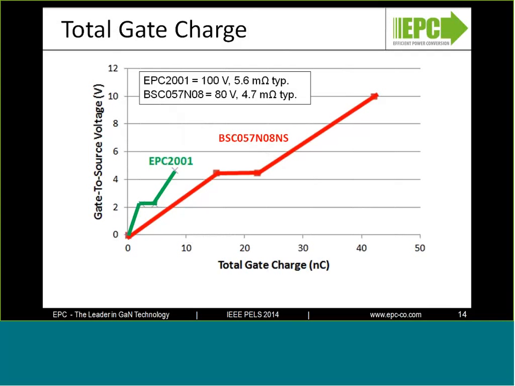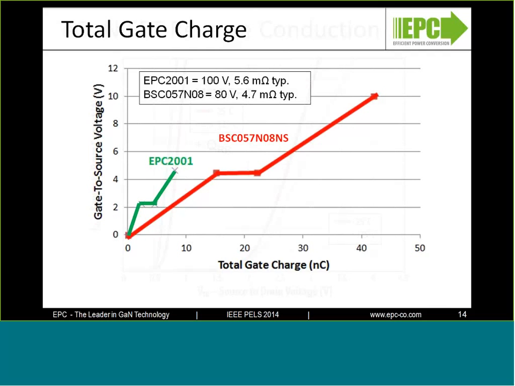You can see a comparison here between the MOSFET, the best that we could find, versus the EPC2001, and obviously there's a significant difference, maybe 8 to 1, in the amount of charge it requires. That translates into lower drive power, and most importantly, much faster switching transitions.